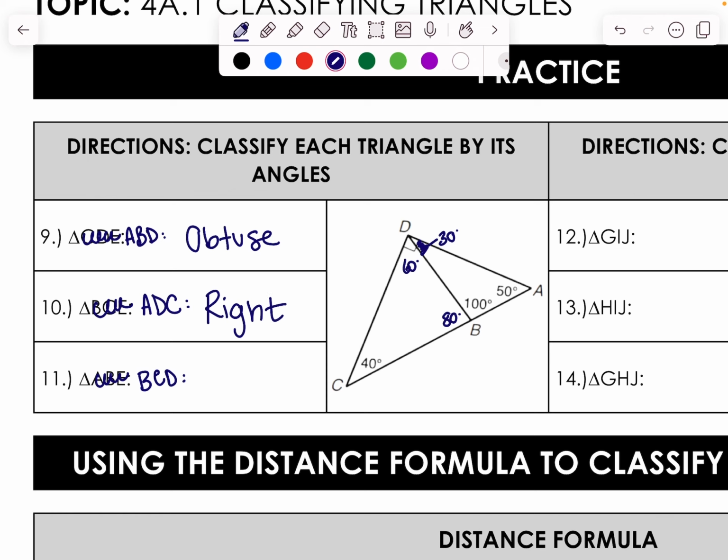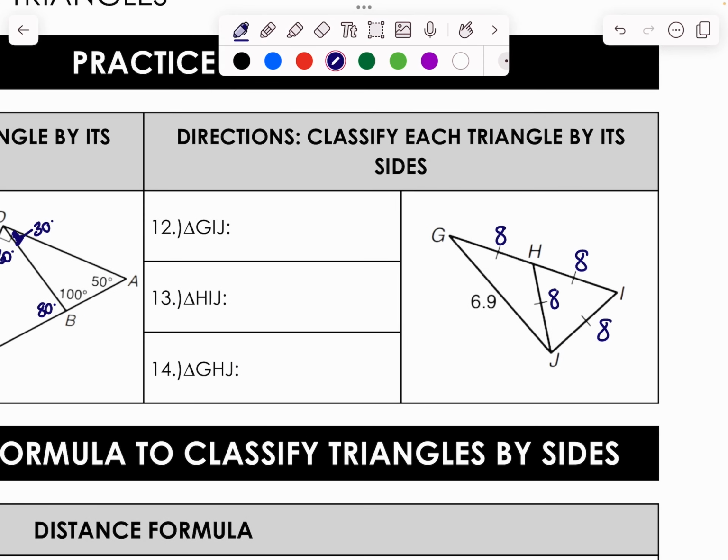Okay, then we have BCD. All of those are less than 90, less than obtuse, so it's going to be an acute. All right, so let's go ahead and look at classifying by sides.